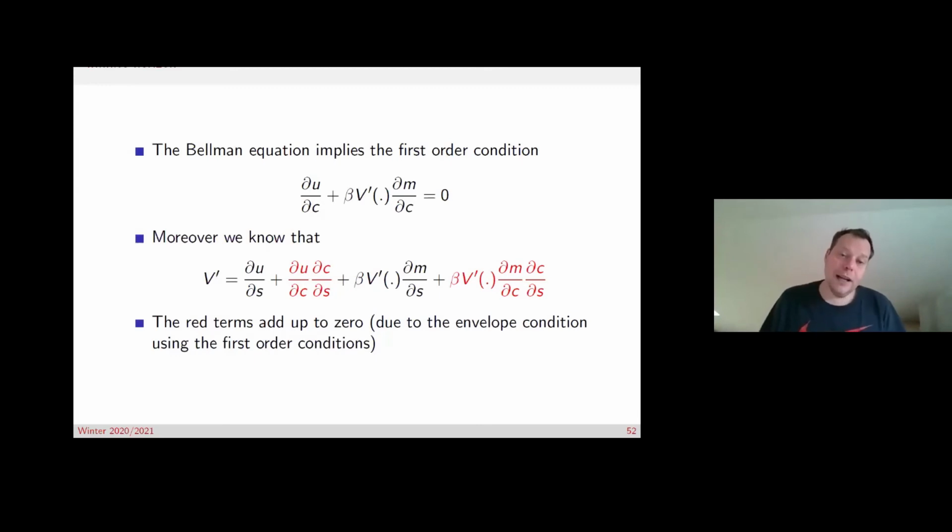How much would you value a windfall gain of the state? And you have here again an envelope condition, and then you would get a relation between basically the slopes of the value function, because this is evaluated at the state today and this is evaluated at the state tomorrow.